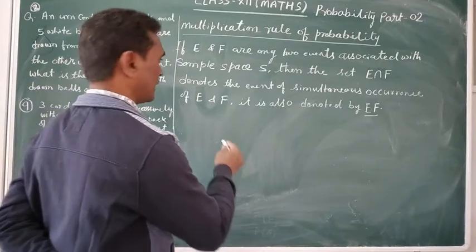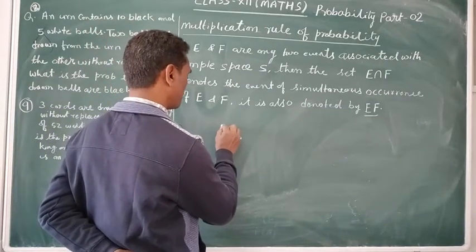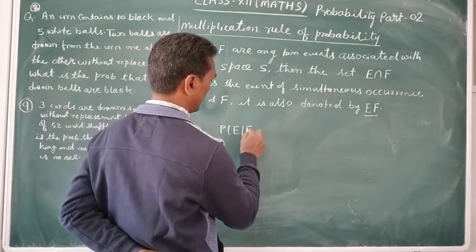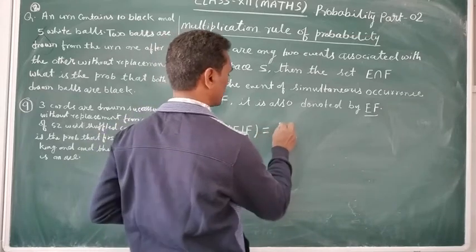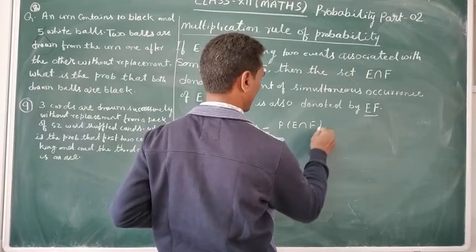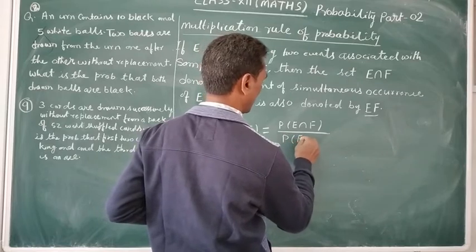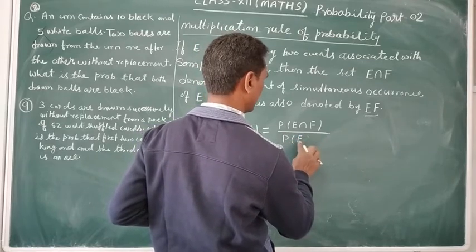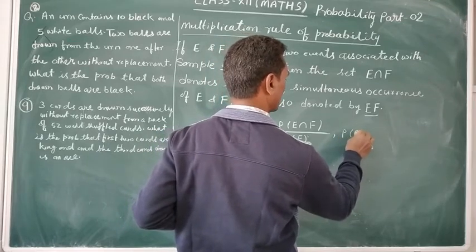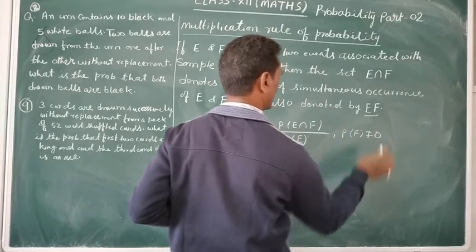By conditional probability we have the formula P(E|F) is equal to P(E intersection F) divided by P(F), provided P(F) is not equal to 0.